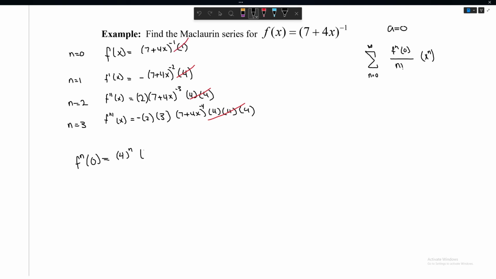We know our 7 plus 4x goes downwards. So you see, when n equals 0, we get negative 1. When n equals 1, we get negative 2. When n equals 2, we get negative 3. What's the pattern we see here?